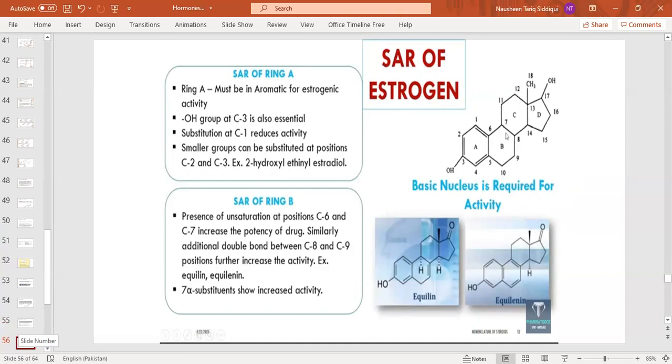For the SAR of ring B, the presence of insertion and saturation at positions C6 and C7 increases the potency of the drug. Similarly, additional double bonds between C8 and C9 further increase the activity, while 17 alpha substituents show increased activity.